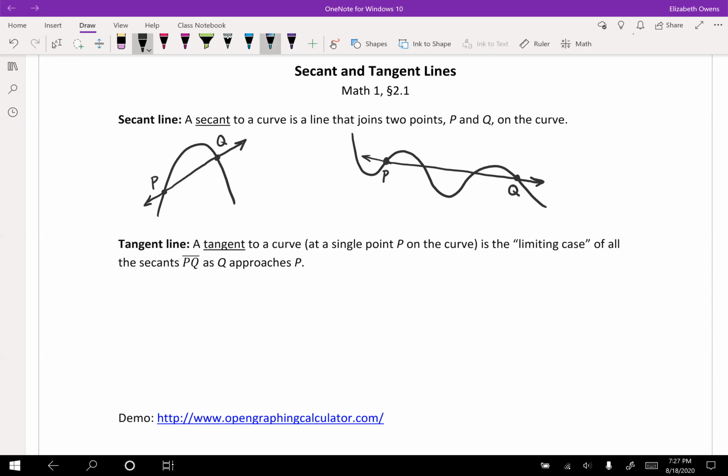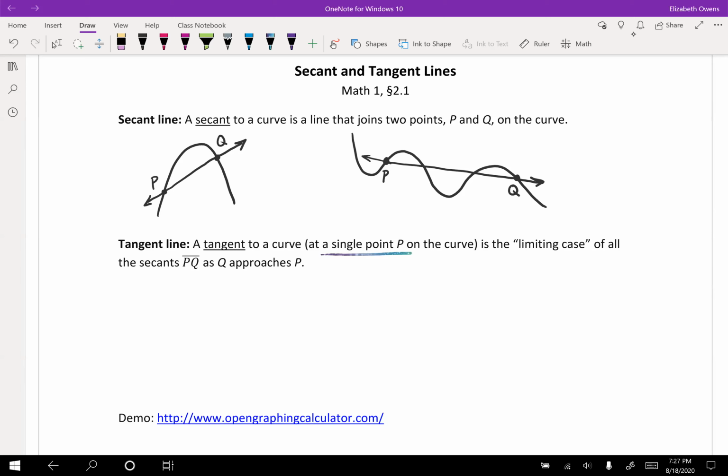Now that's in contrast here to a tangent line. A tangent to a curve is just at a single point P. And the tangent, from the Latin word tangere, means to touch. And so this is just going to touch the curve at a single point.